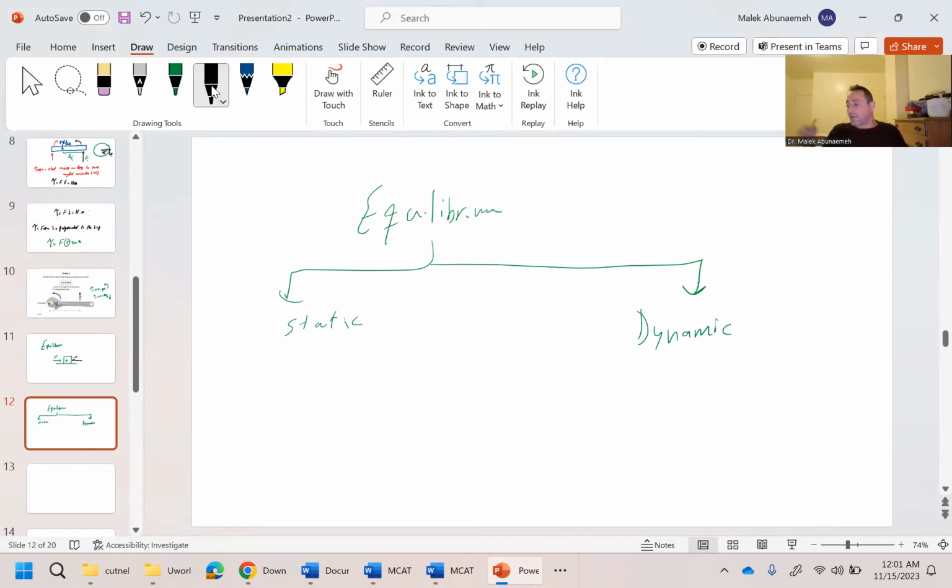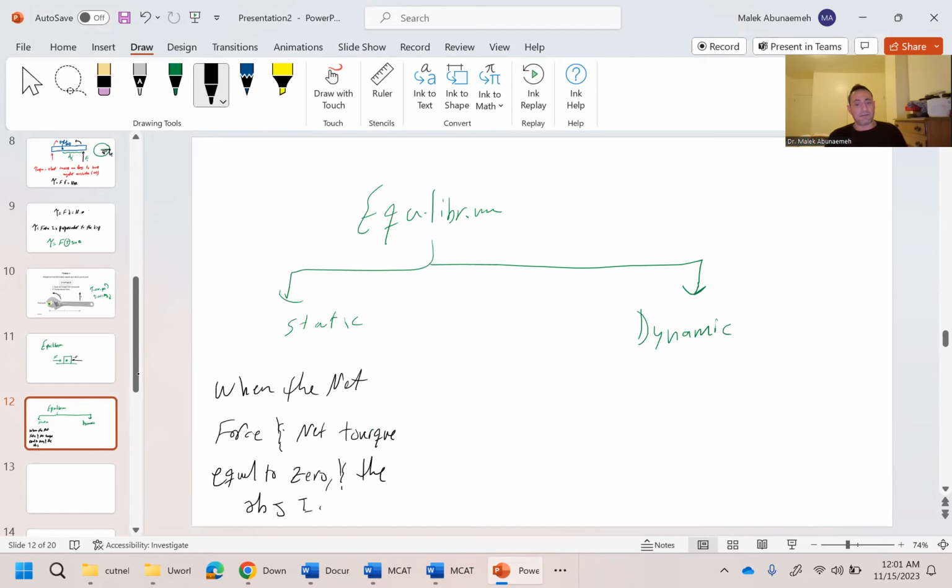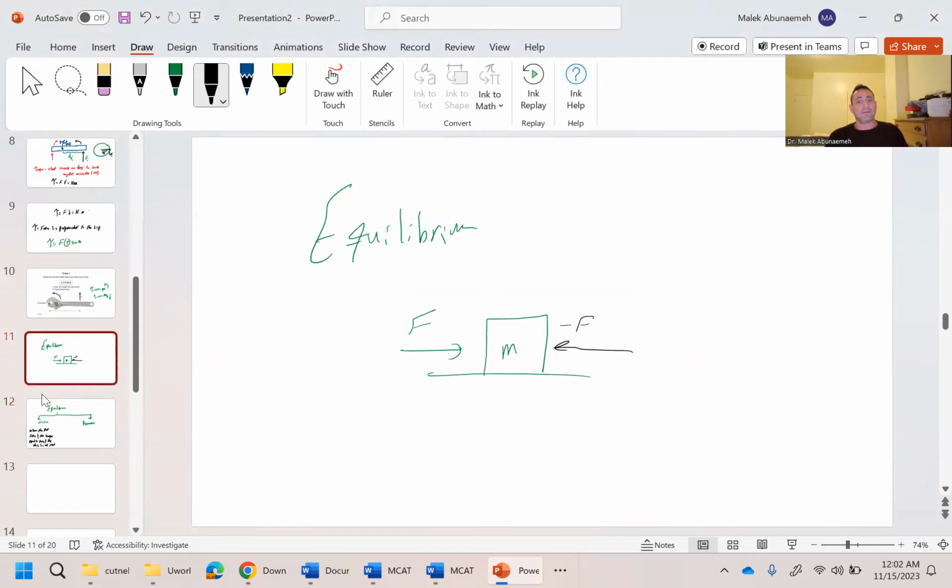Now, your static equilibrium is when the net force and the net torque on an object are equal to zero, and the object is at rest. That's like the one we saw over here.